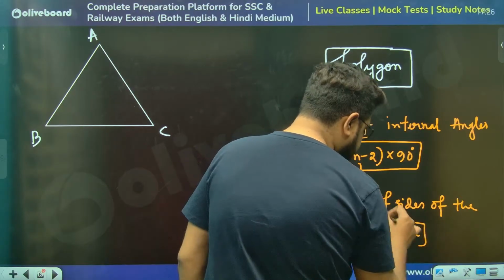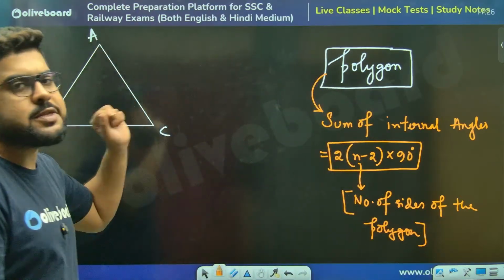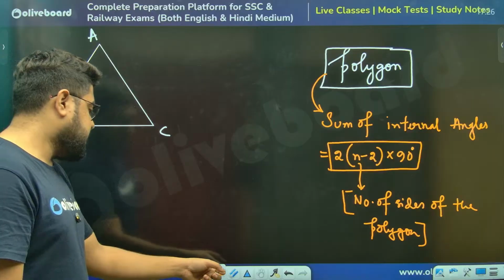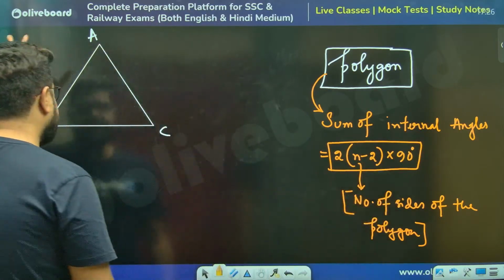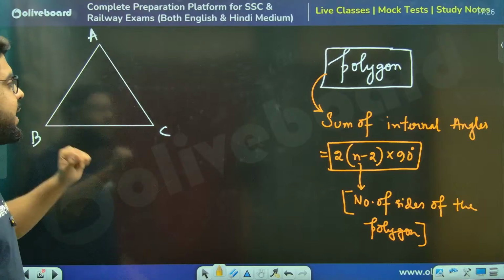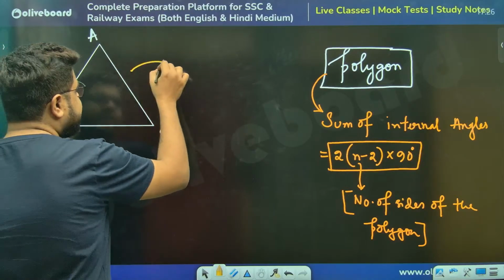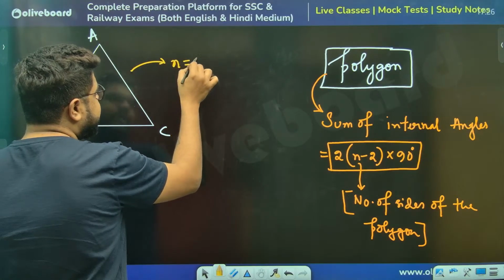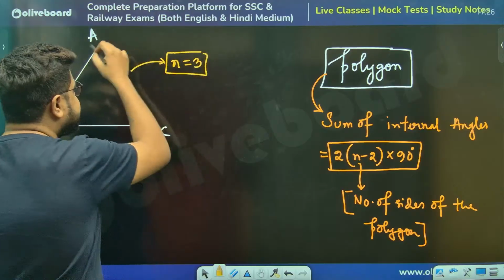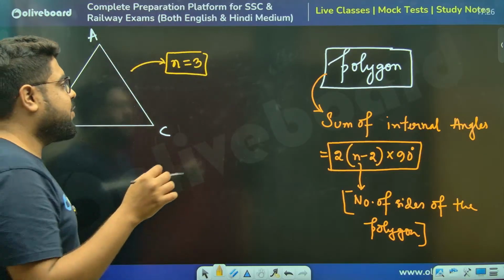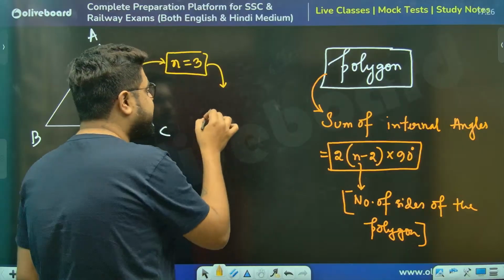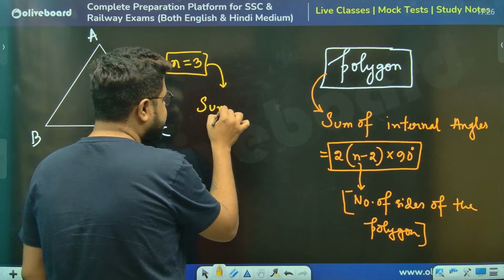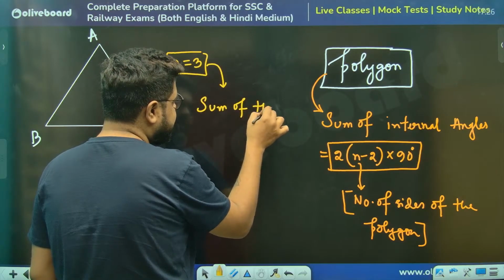So triangle is the smallest possible polygon. So tell me, in this triangle, what is the value of n? You will say, sir, n is 3 because there are 3 sides in a triangle. And what is the total angle or sum of the angles?